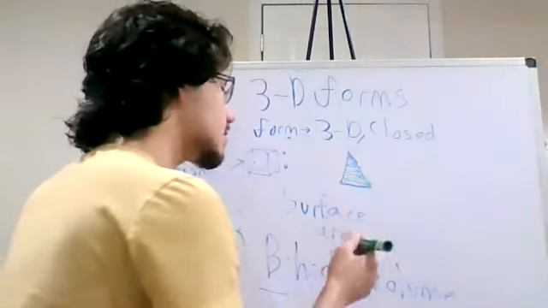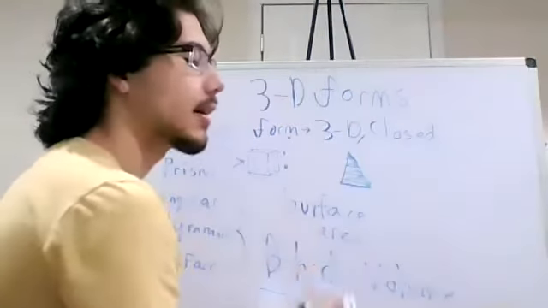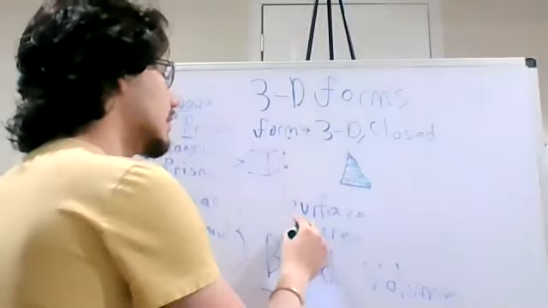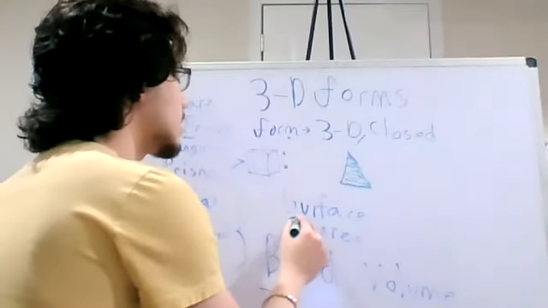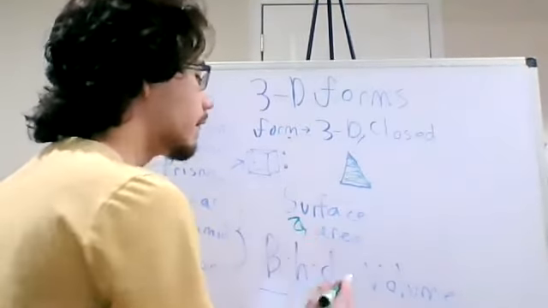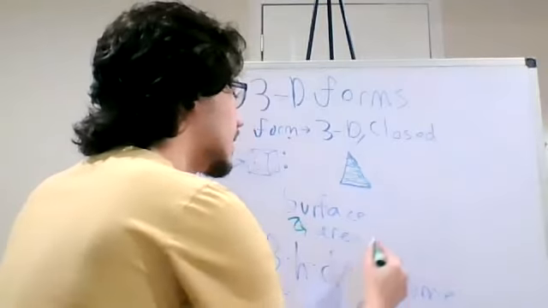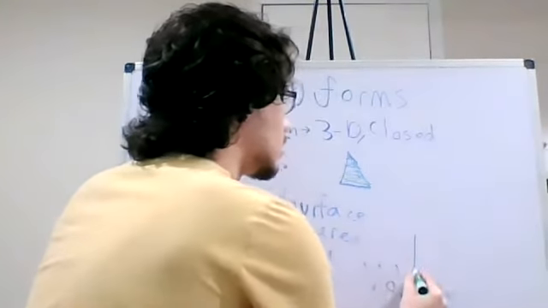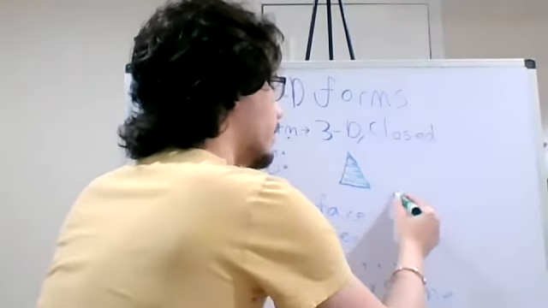As we said last time, surface area is literally the area of a surface. It's indicative of the name. So it tells us the meaning off the bat. Volume is the amount of space that a form takes up.